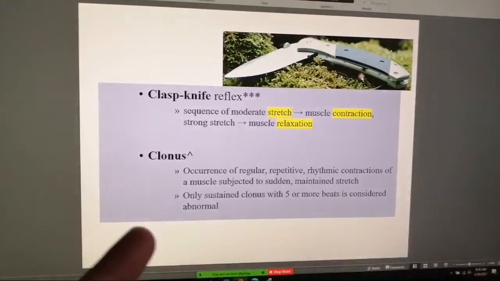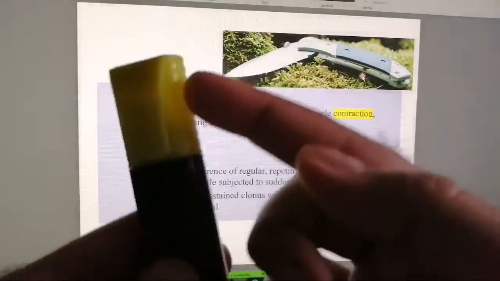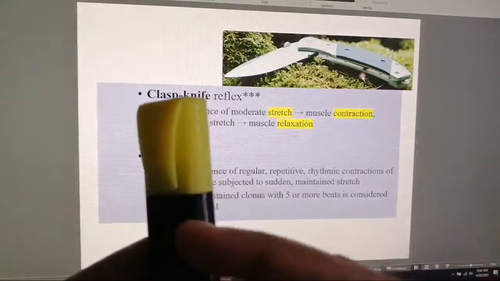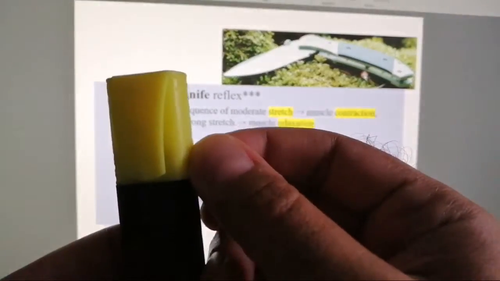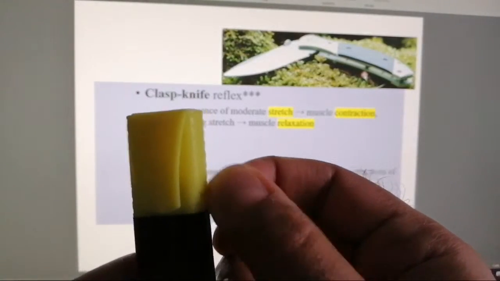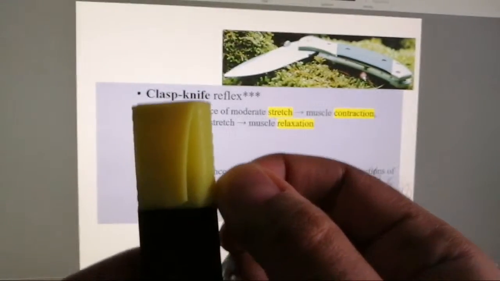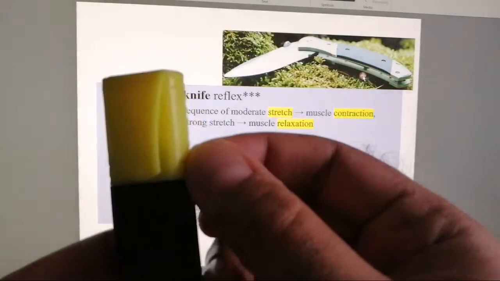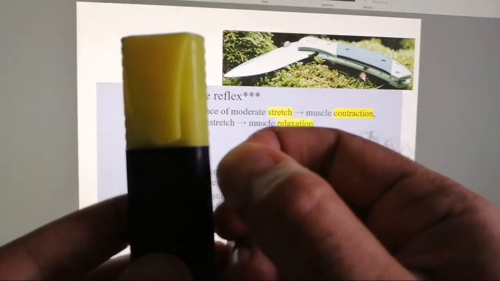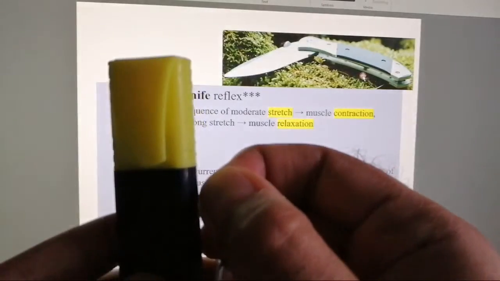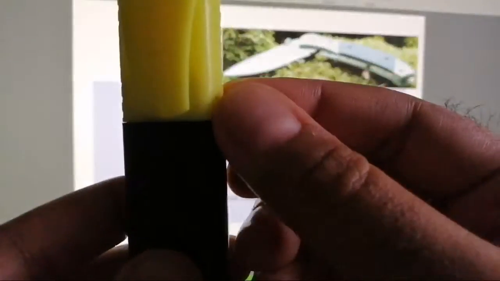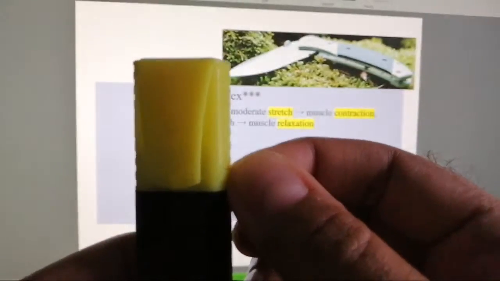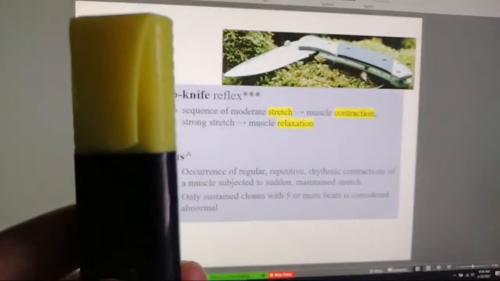If this is the clasp knife, it will have all the blades in there and you pluck one of them out. When you're plucking it out, it really resists. If you have opened one, you know exactly what I'm talking about. But then once the initial resistance is overcome, it just swings open.